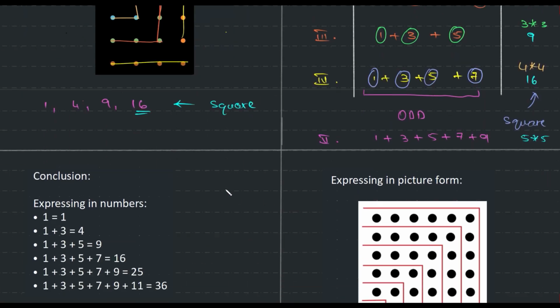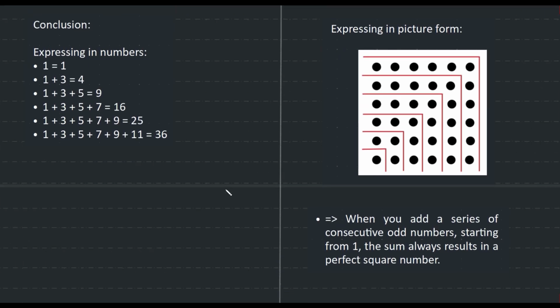Relation among number sequences. So to conclude, we can express the above pattern as 1, 1 plus 3, 1 plus 3 plus 5, and so on and so forth. All these numbers are your square numbers, and this set of numbers are your odd numbers.